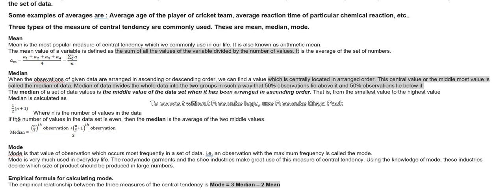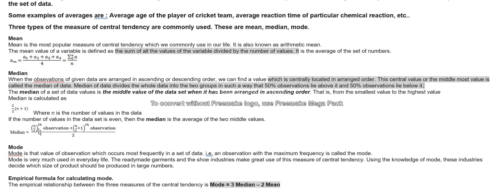The formula is the (n plus 1) upon 2th observation, where n is the number of observations. You use that formula when the total number of data values is odd. And when the number of data values is even, we find the median by taking the average of the two middle values.